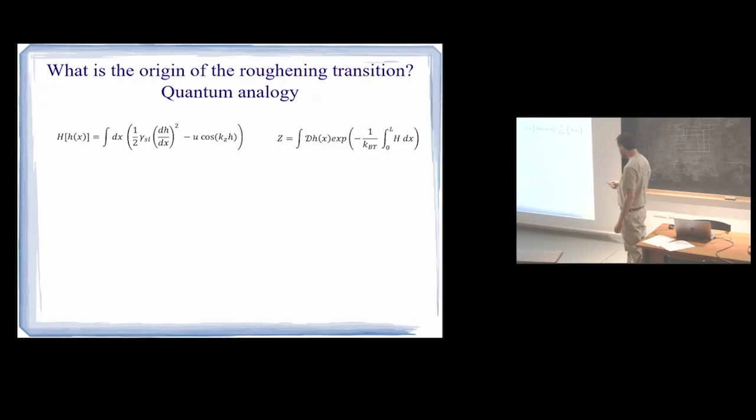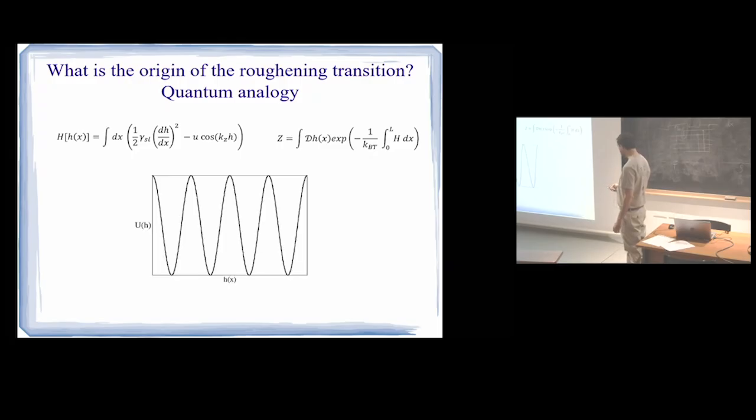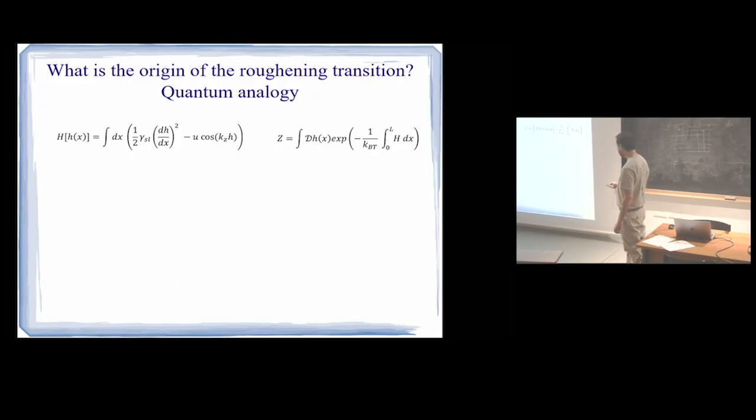Okay? So I have my Sine-Gordon Hamiltonian. This Hamiltonian gives me the energy cost of a given realization of the surface disorder. I want to know the partition function. The partition function will be the Boltzmann factor of this weighted over all possible realizations of the surface disorder, that is, over all possible shapes of the surface height.